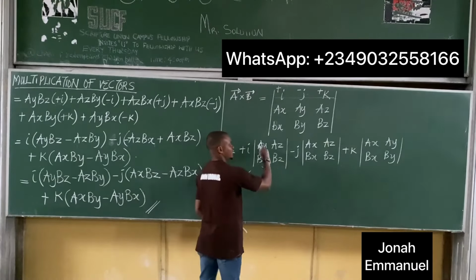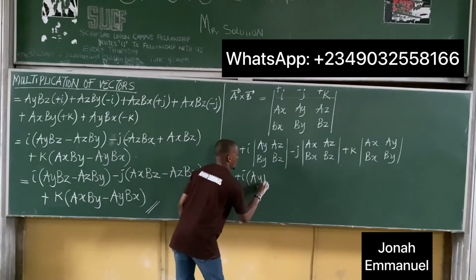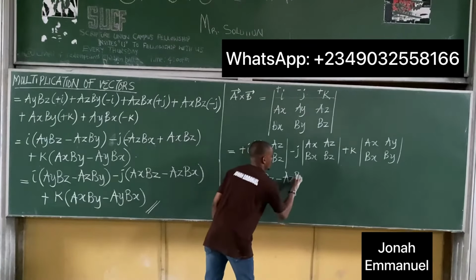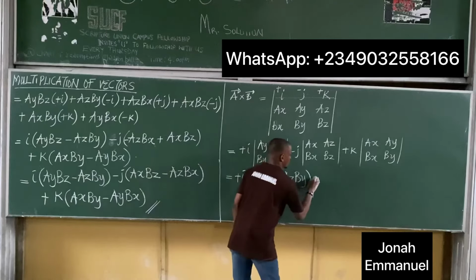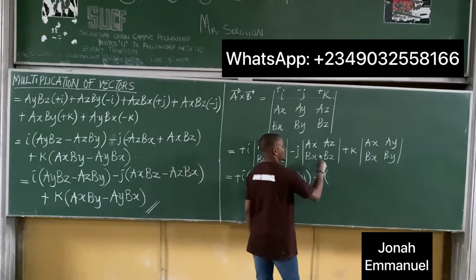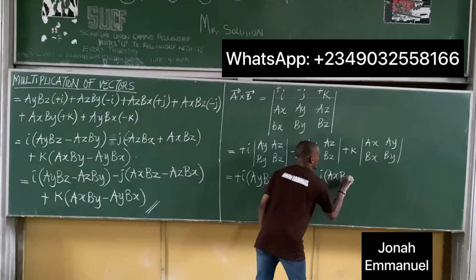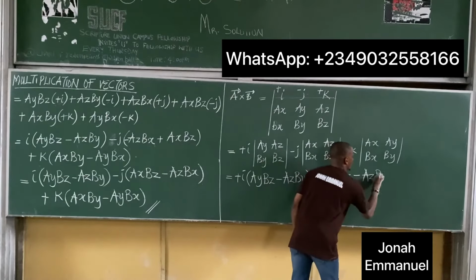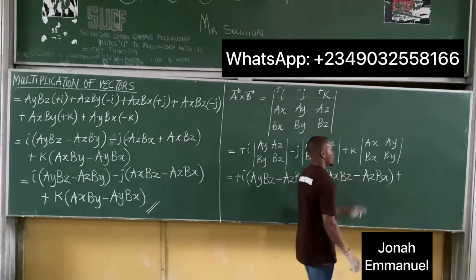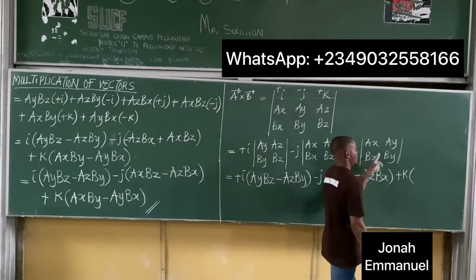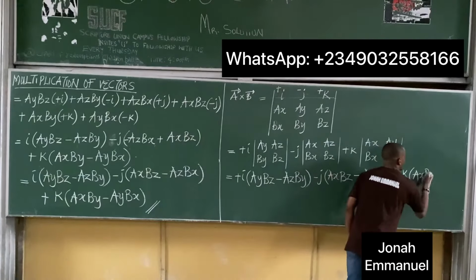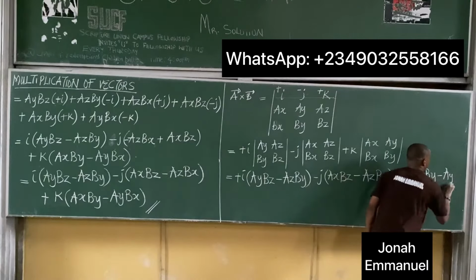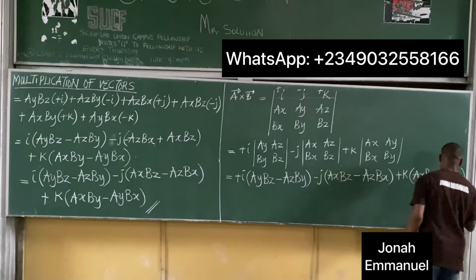So the one by your right, this 2, that gives you AY, BZ minus these 2, AZ, BY, minus J into this and this, AX, BZ minus AZ, BX, plus K into AX, BY minus this and this, AY, BX. So this now becomes the formula.